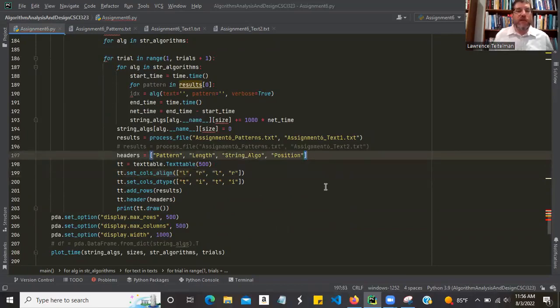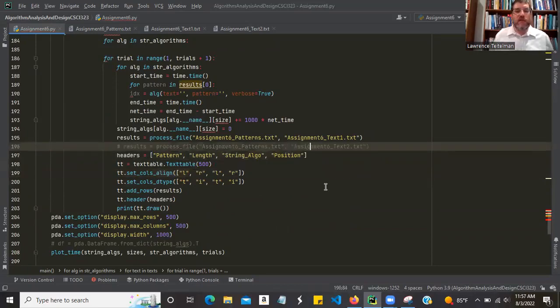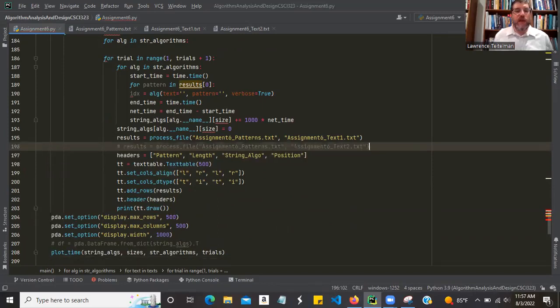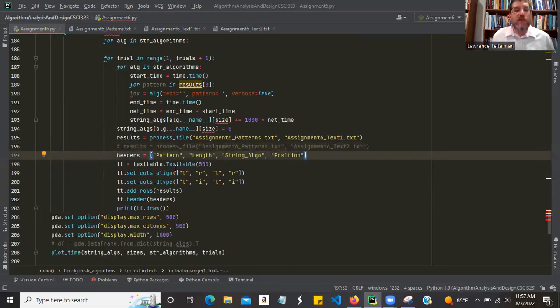Go to the beginning of that line. Undo. At the beginning of the headers, headers equal, create another column called text. Not another list, another column. So inside there, call it text.